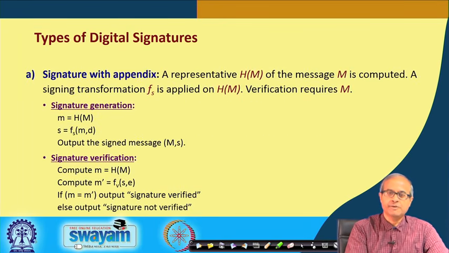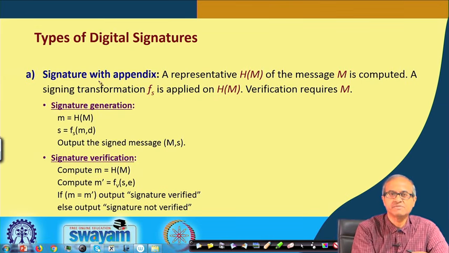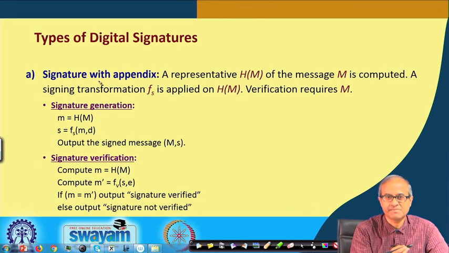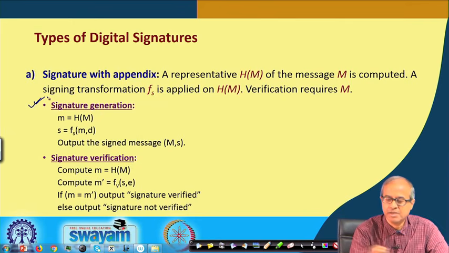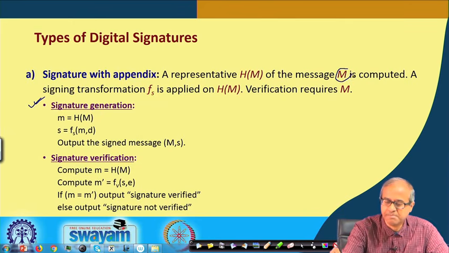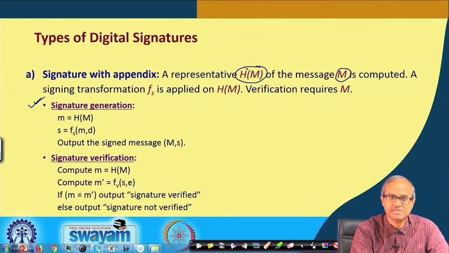All right. Talking about types of digital signatures, let us look at the first one, which is signature with appendix. Well, what is done here? You see here in the signature generation process, we start with a message M. First we compute a hash value, we use a hash function.